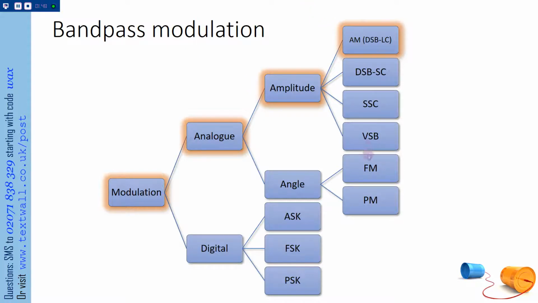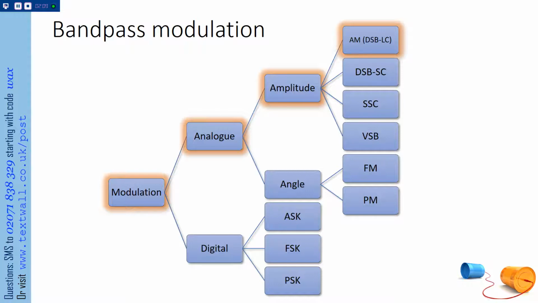Now, all these, 1, 2, 3, 4, all of these are called amplitude modulation. But for today, and just for today, only this, DSB-LC, is what we're going to call amplitude modulation. So amplitude modulation refers to all of this.